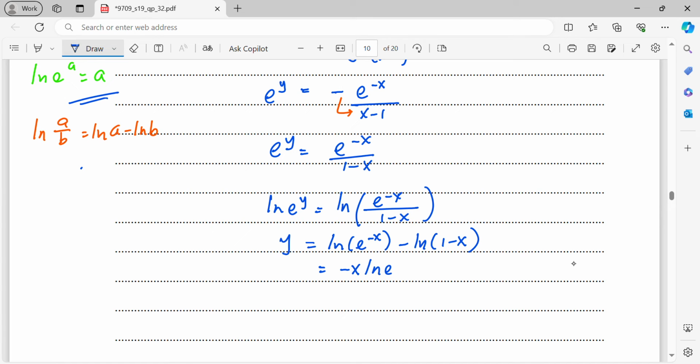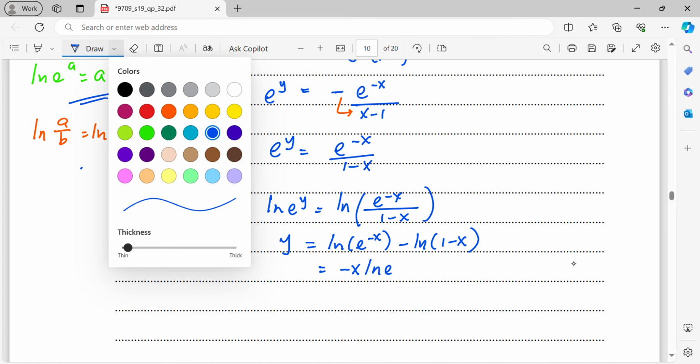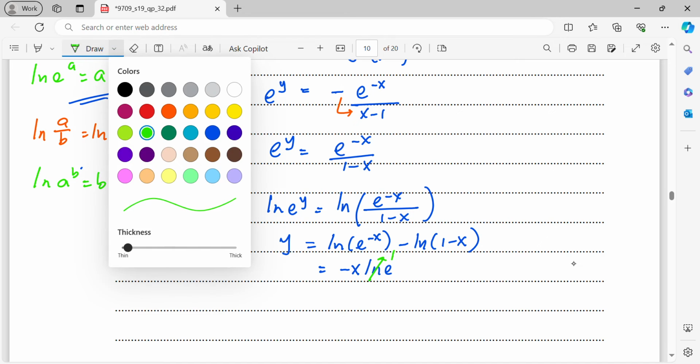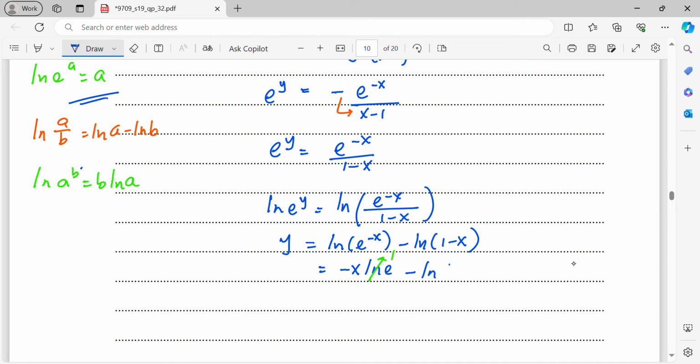For your information, we have this formula: ln a^b is b ln a. Then ln e is basically 1. Then here negative ln of 1 minus x. Basically, your y is minus x minus ln of 1 minus x. So this is the solution for this question.